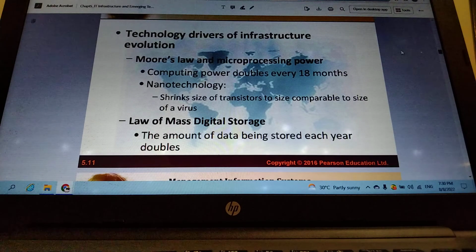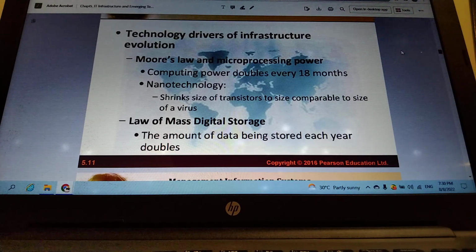Also, another technology driver behind this infrastructure is what we call nanotechnology, which is getting very popular nowadays, especially a few years back. Everyone is talking about nanotechnology, where the size of the transistors is shrinking further and further, becoming smaller and smaller, and it is already at nano size.